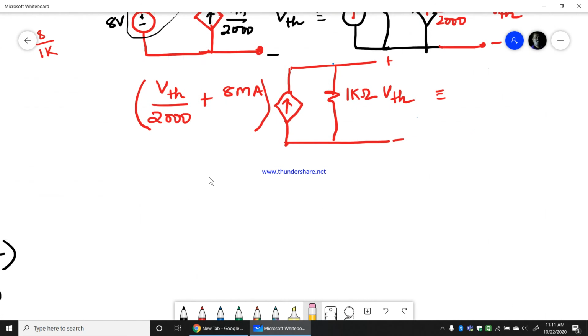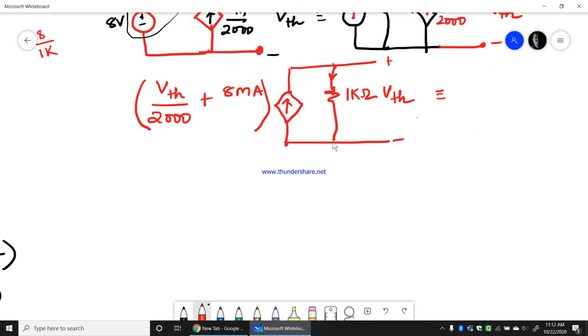Because when current is entering this circuit, it will be the current I only, as this is open, so it's 0.